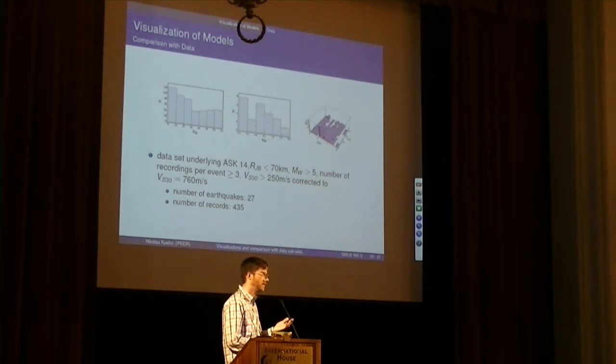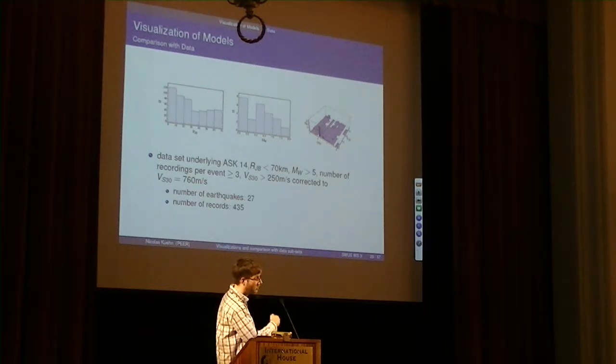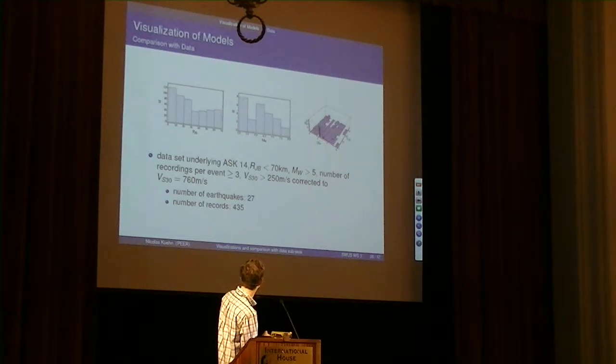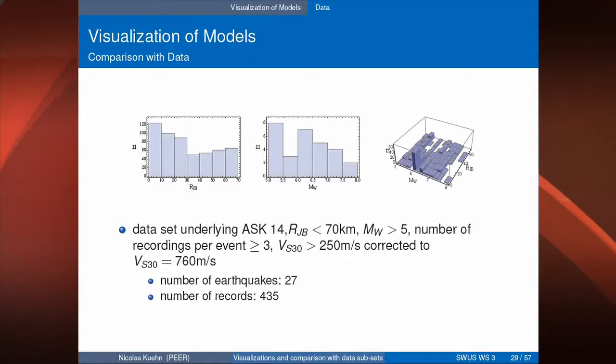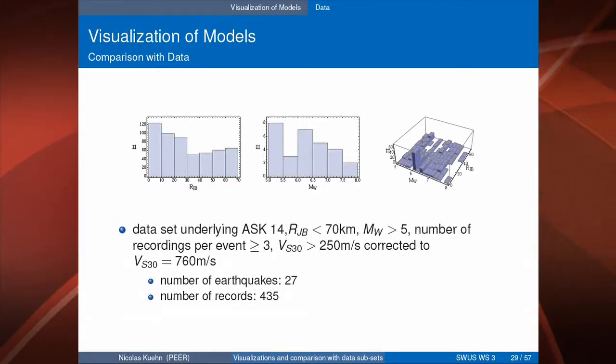The data is corrected to 760 meters per second VS30, because that's the VS30 value that was used to create all the models. And only strike slip cases. So then we have 27 earthquakes and 435 records. This is the distance distribution, magnitude distribution, and this is the magnitude-distance distribution.